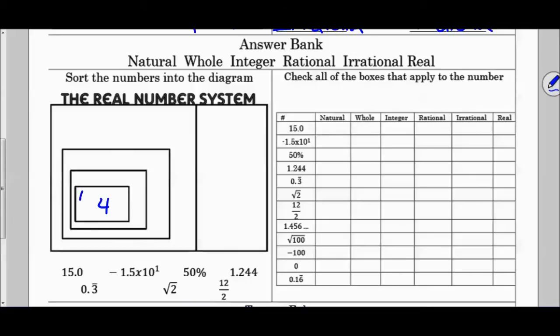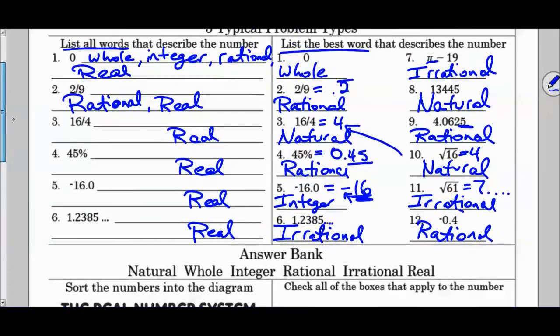That's a natural number, which means it's also whole, it's also an integer, and it's also rational. It is all 4 of them. Anytime it's natural, it has to be all of them. Natural has to be a whole number, and it has to be an integer, and a rational number.